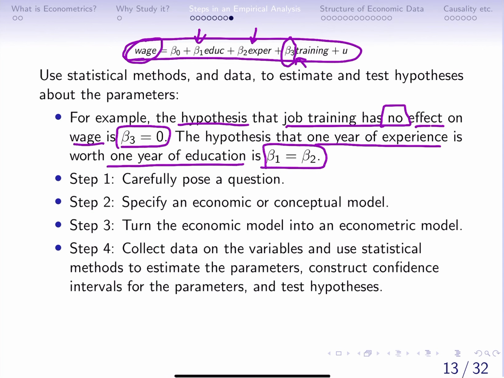So we can test different types of hypotheses when we have carefully formulated our question, specified the economic or conceptual model, and then turned our economic model into an econometric model, and then we've collected some data on the variables. And then we can finally test these interesting hypotheses and construct confidence intervals to have some sort of statistical inference.